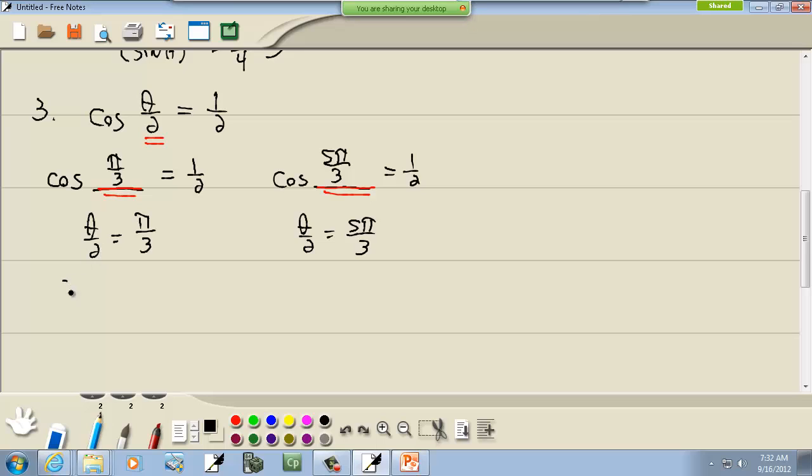So here I'll multiply both sides by 2. And these 2's cancel. And then our first answer is going to be 2 pi over 3. Then we'll do the same thing here. Multiply both sides by 2.